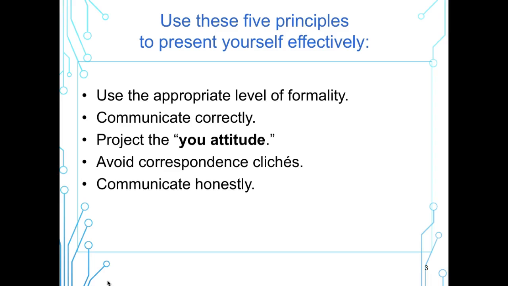And of course, the last point is to communicate honestly. Again, that goes right back with the correctness. With all technical communication, we've got to be correct and we've got to be honest. So you want to make sure that you're giving truthful information and honest information. Don't say something that isn't, and don't try to sugarcoat things so that it doesn't look as bad as it is.